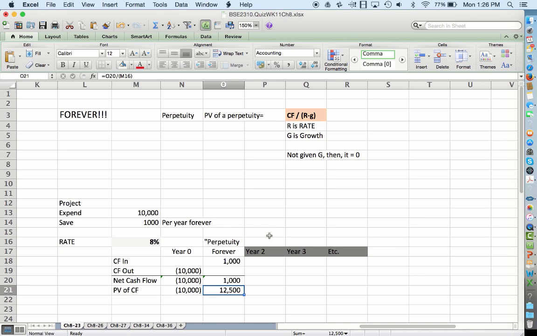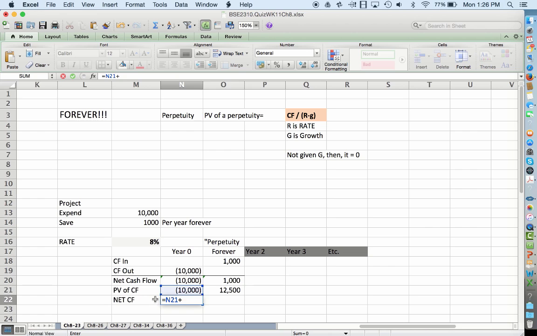And then I'll do the net cash flow. And I'm going to add those two numbers together. So 10,000 plus 12,500. So 2,500.